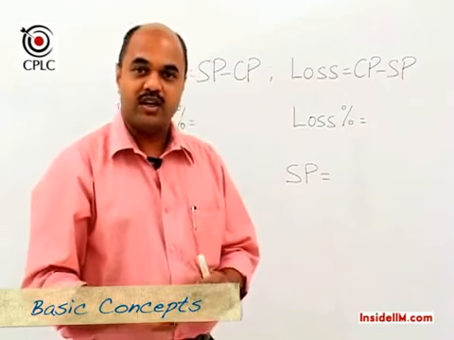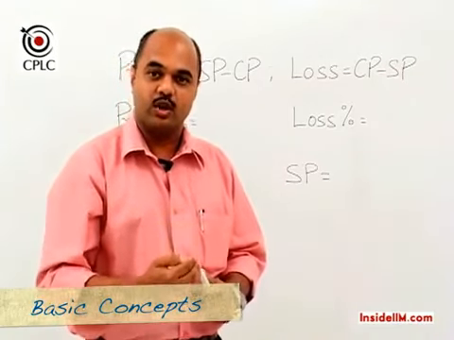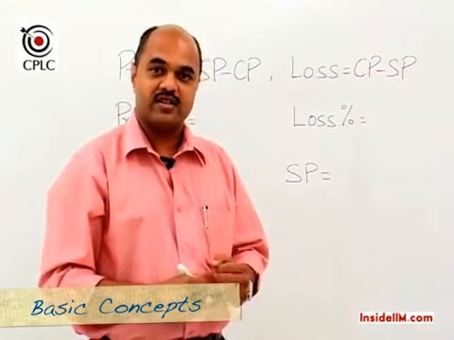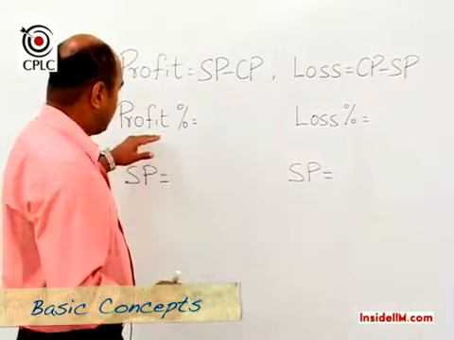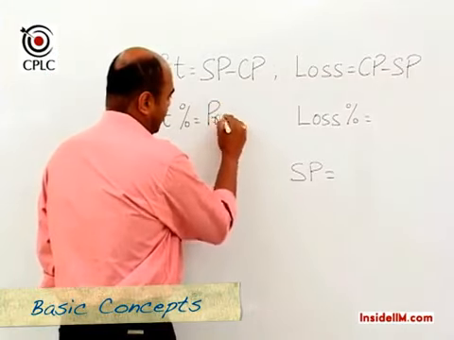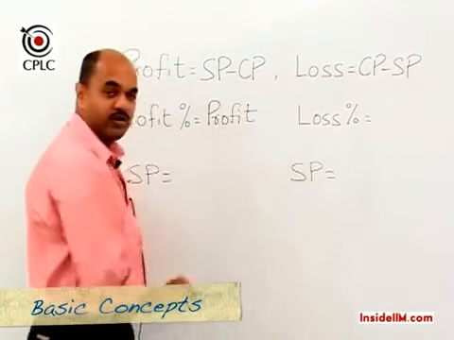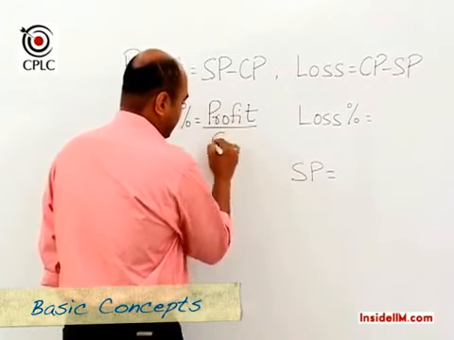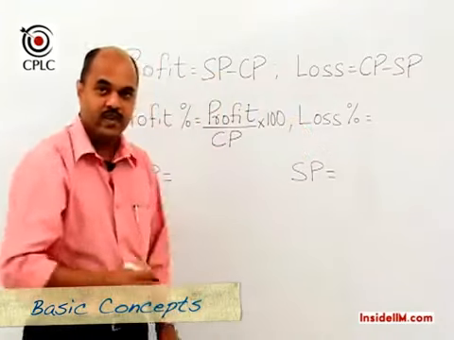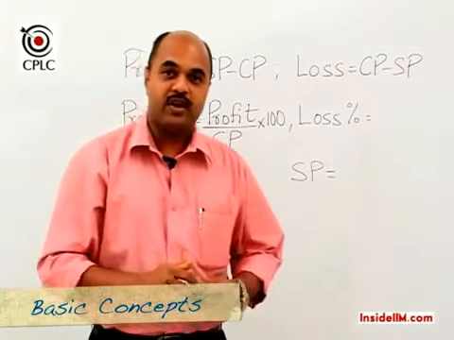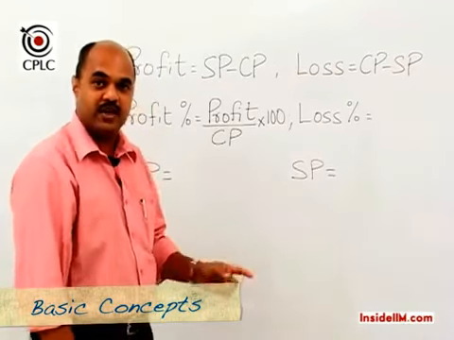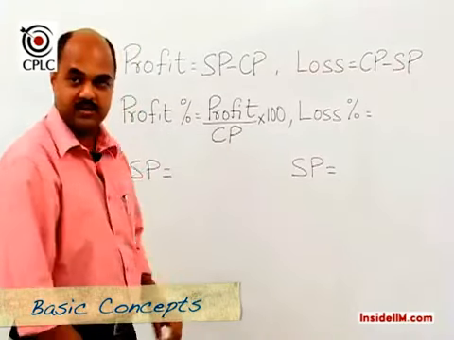But there are times when I need to calculate the profit or the loss in percentage terms. So if I want to calculate this in percentage terms, profit percent would be the numerical rupee value of profit divided by the cost price multiplied by 100. Very important point that we need to remember, profit percent would always be calculated on the cost price.